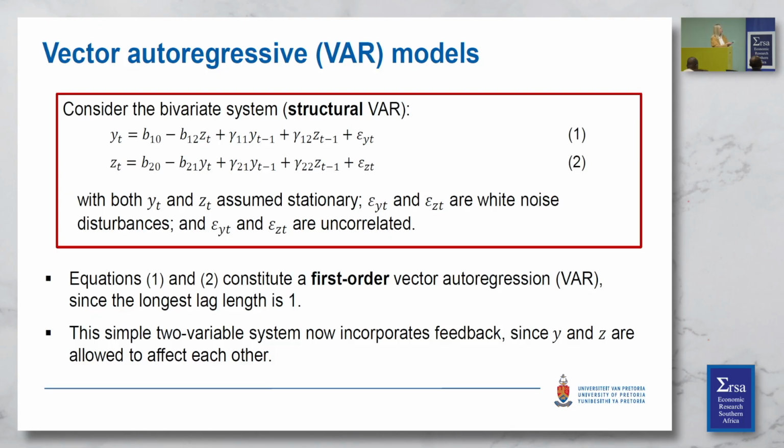So those constitute our first order autoregression VAR model. So both variables can affect each other contemporaneously and with a lag.